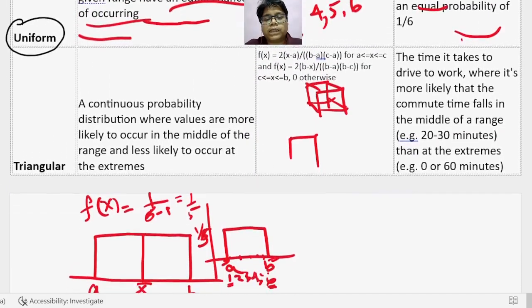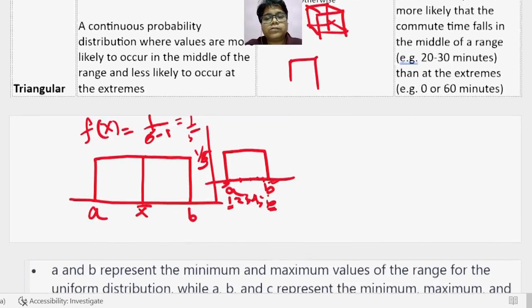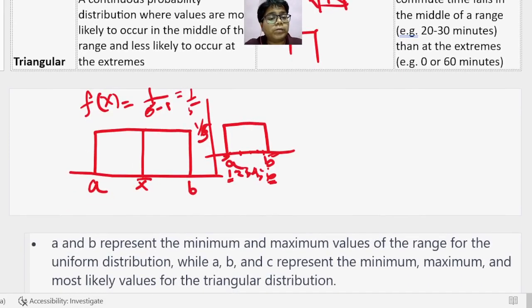Now what about the triangular distribution? Triangular distribution is a continuous probability distribution, and here you have 3 values, a, b, c.